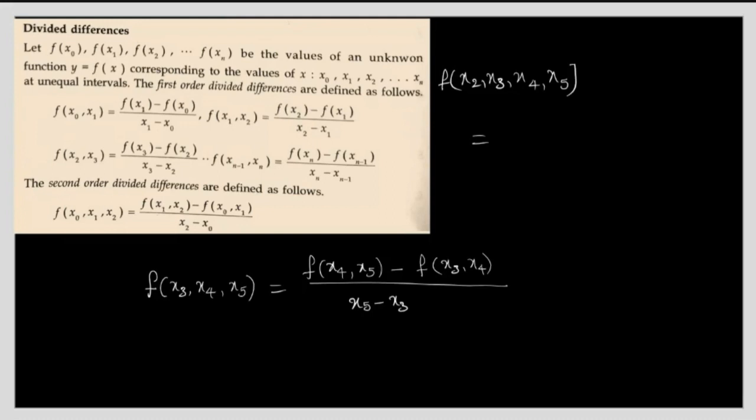How to find it? Here, with three values, we used the second order divided difference. Here I am using four variables, so we need to use the third order divided difference. In third order also you need to do it in the same way.